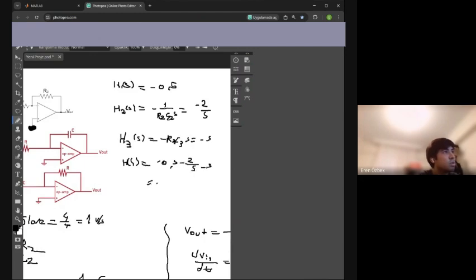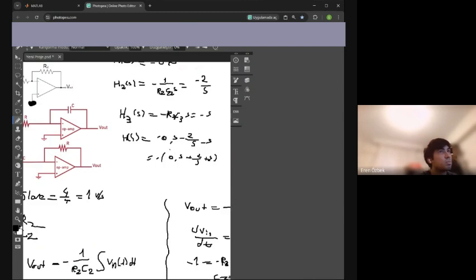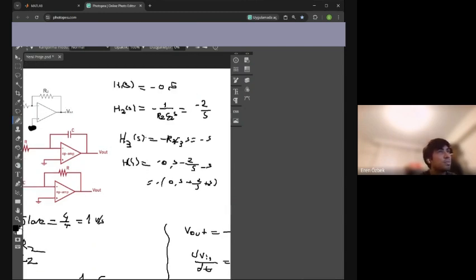If we simplify that, this is our final transfer function. This transfer function resembles a PID controller with operational gain.